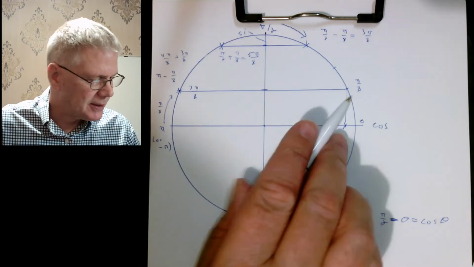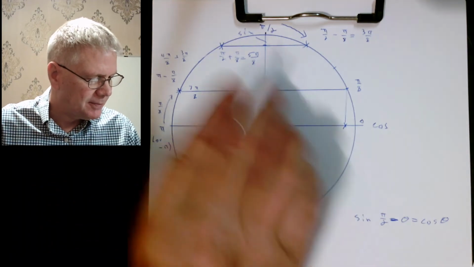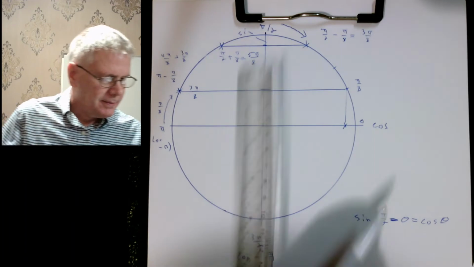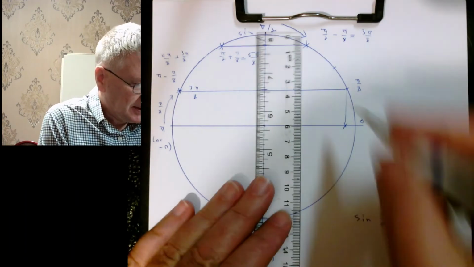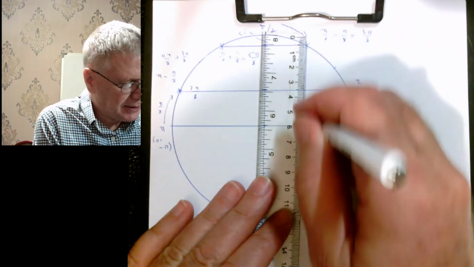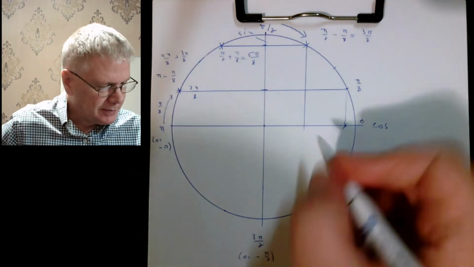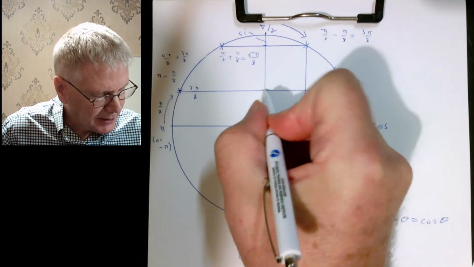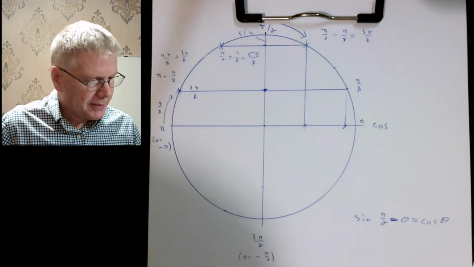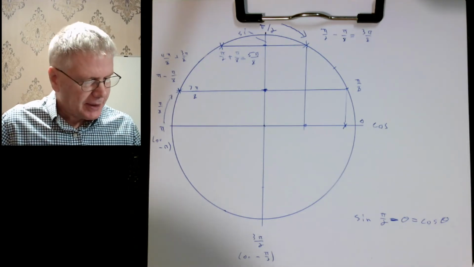Here's cosine theta, and sine of pi over 2 minus theta is the same thing. There's a similar one for interchanging sine and cosine. The point that was sine here is now cosine over here. So that's the second one, and we had two choices for it.